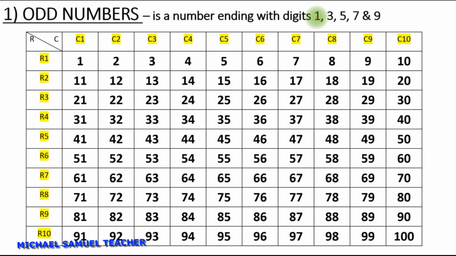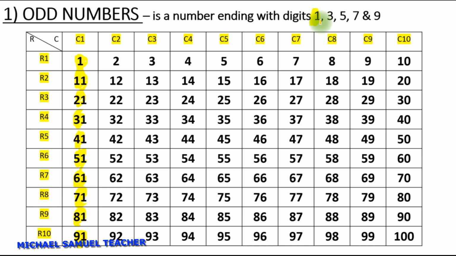Now we begin with the first one, which is odd numbers, and we say that odd numbers is a number ending with digit 1, 3, 5, 7 and 9. For our case here, we have the first column whereby we have these numbers: 11, 21, 31, all of these numbers are ending with digit 1.